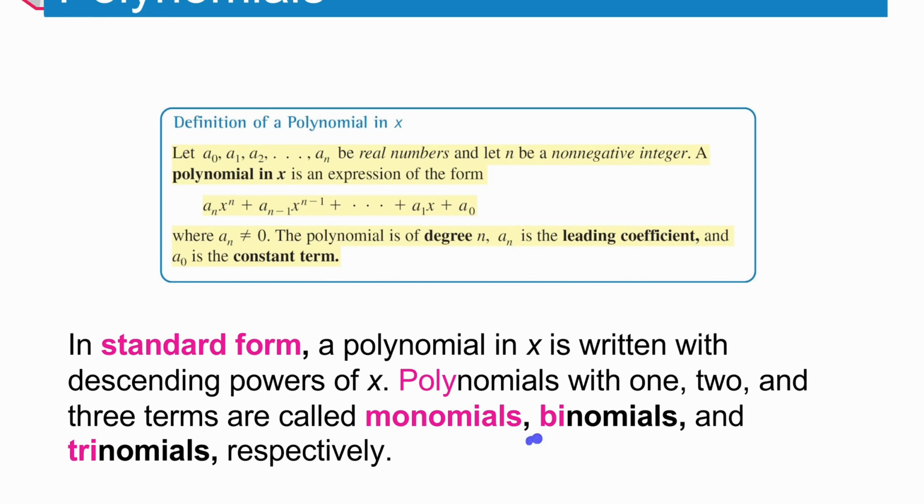A binomial, bi means two and tri means three. So a binomial would have two terms and a trinomial would have three terms, but we usually use polynomial to represent the arbitrary. We don't know how many terms it has. It has many terms, but even one, even though one's not many, we call a polynomial.